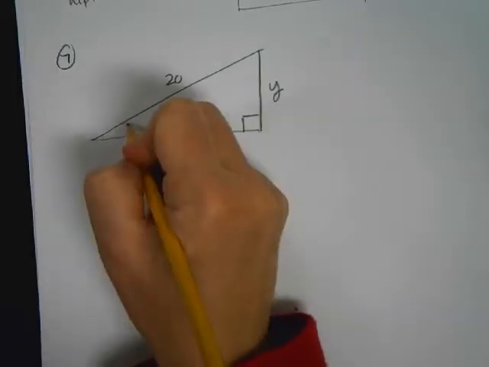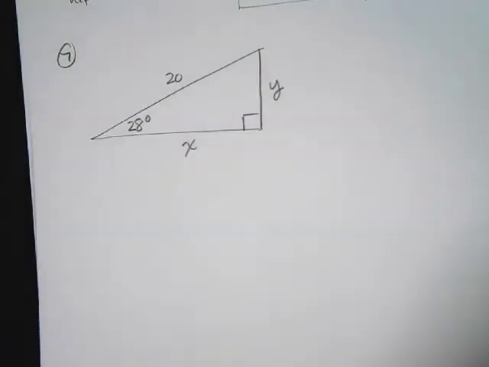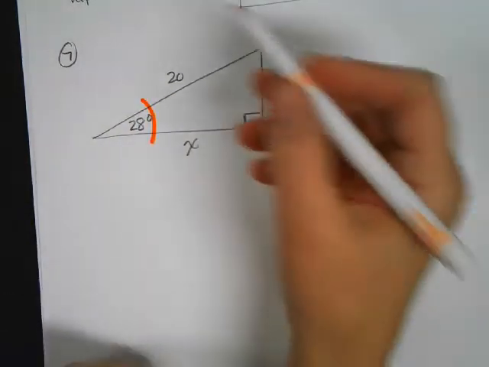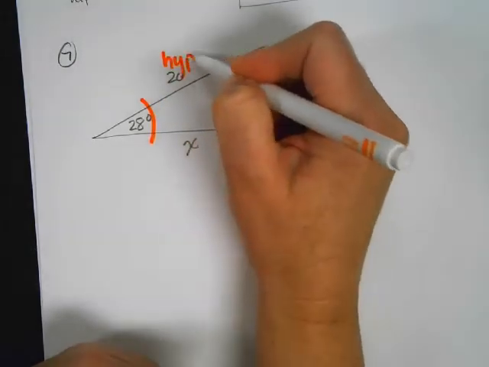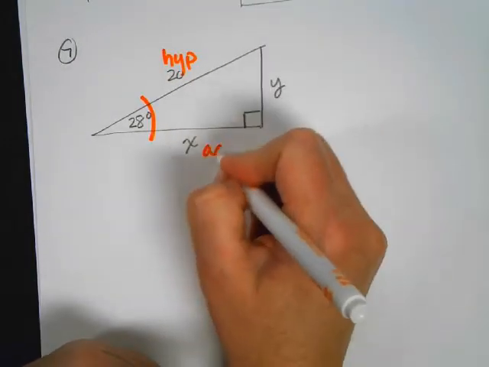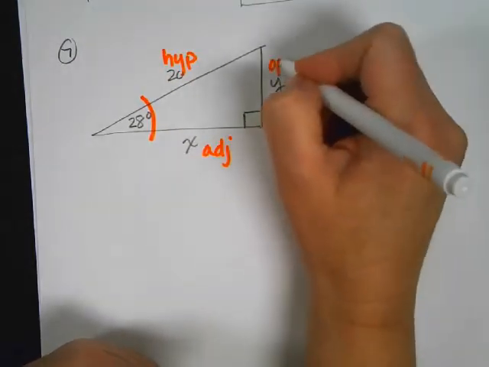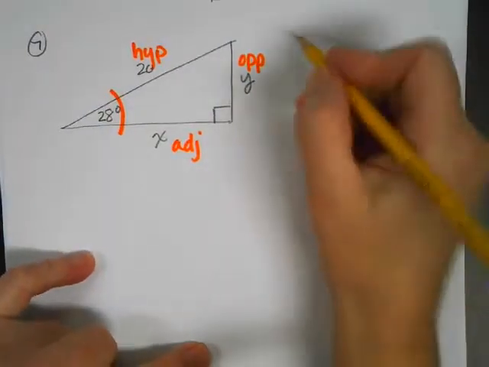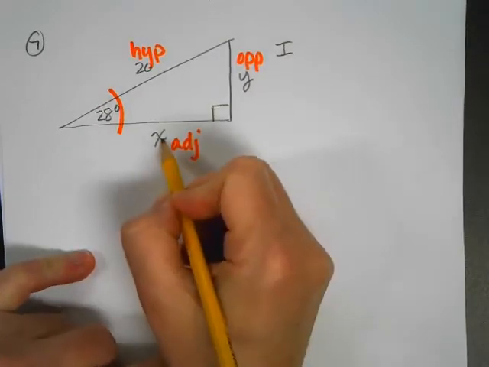Okay, we have 28 degrees for our reference angle. So let's put an arc on our angle. Let's label what we have. 20 is our hypotenuse. X would be the adjacent, and y would be the opposite. So let's do our sentence stems. Let's solve for x first.